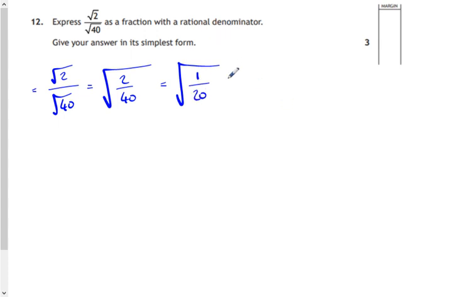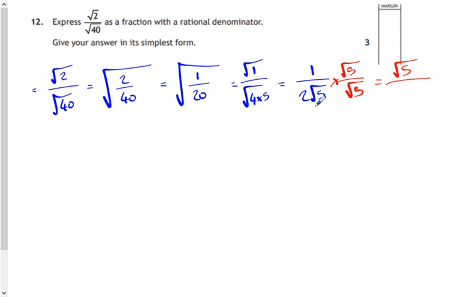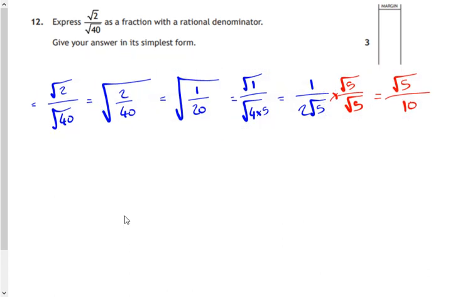Now, with that in mind, that's the square root of 1 over the square root of 4 times 5, which is 1 over 2 root 5. Multiply top and bottom by root 5 over root 5, like that. And that will give us root 5 over 2 times 5, which is 10. Ta-da! I'll move that down slightly.